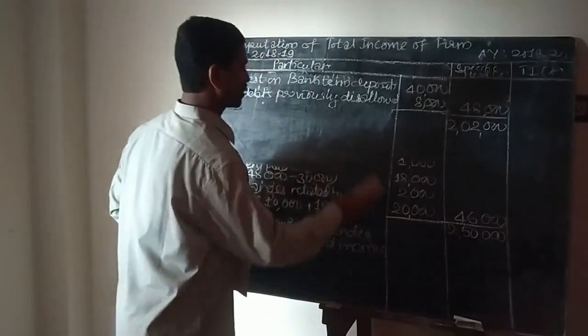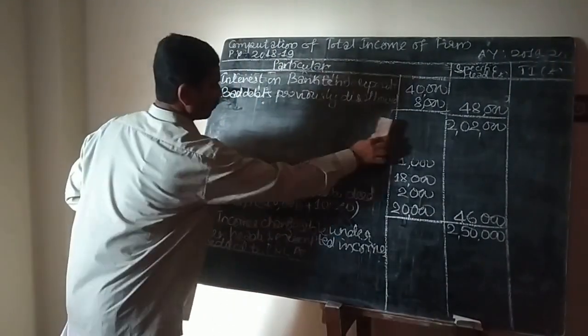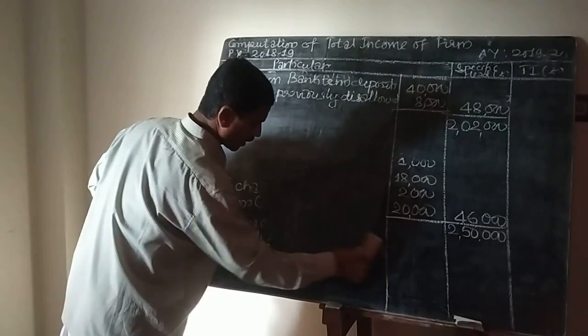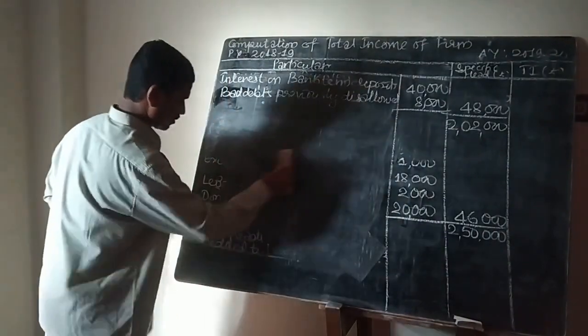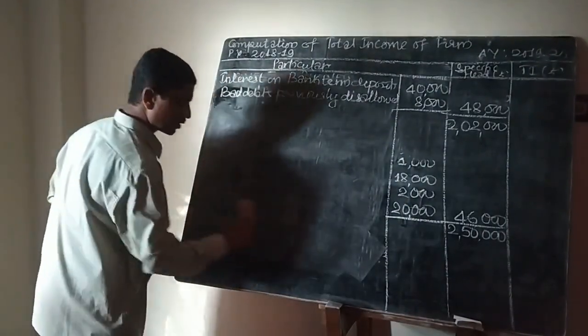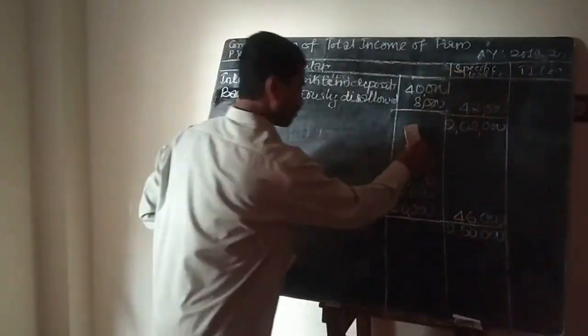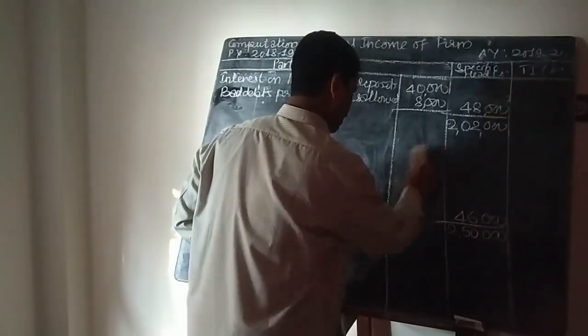Dear students, this is the profit computed as per sections 28 to 44D. Still we need to deduct the depreciation allowable here.